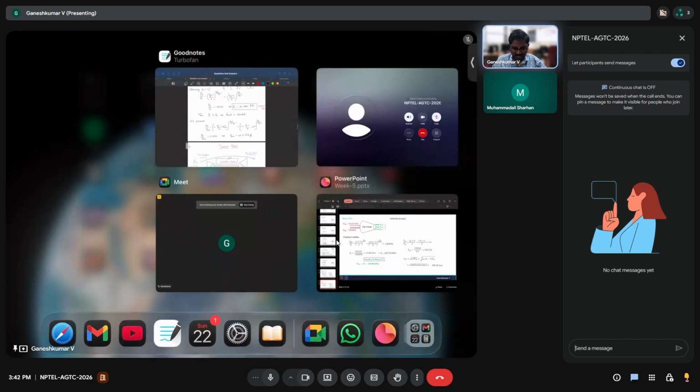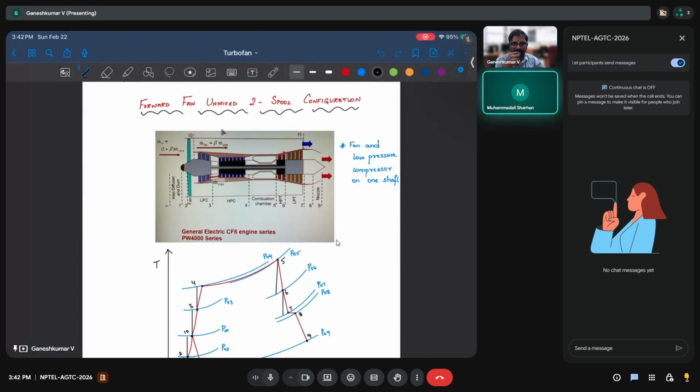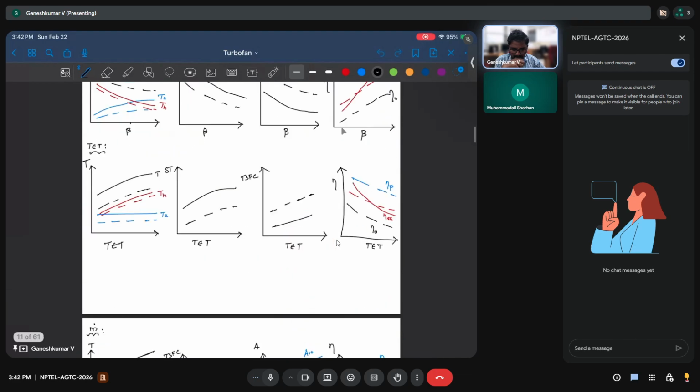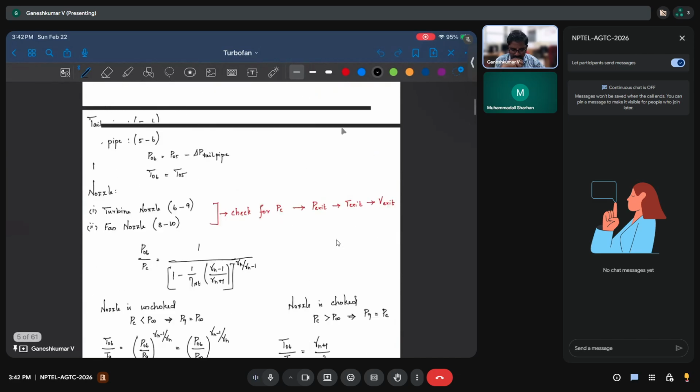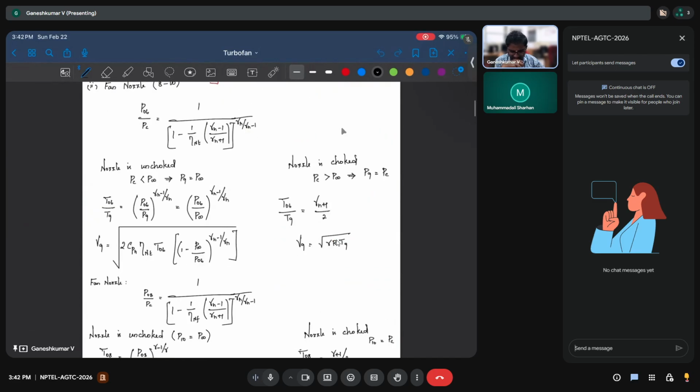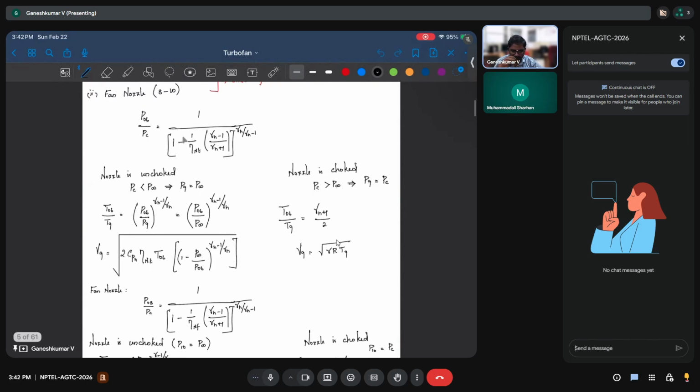No, it's actually not like that. We have to consider efficiency in both unchoked and choked nozzles. The unchoked and choked nozzles differ only in the critical pressure ratio. So if you look at this expression, this is for unchoked. If you have nozzle efficiency, you have to use this relation with the nozzle efficiency and then find the critical pressure ratio.